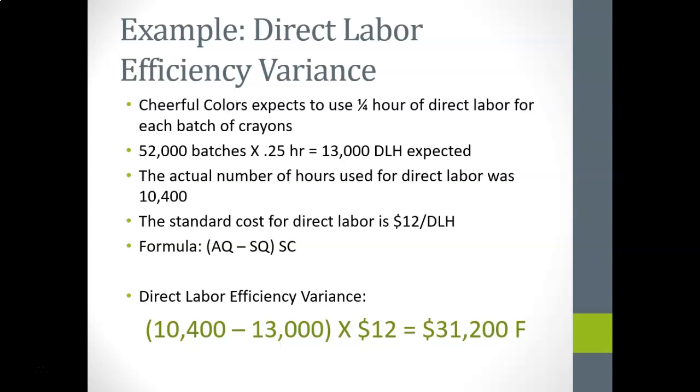And so we get a $31,200 variance, efficiency variance. Is that favorable or unfavorable? Well, we take a look at our actual quantity is less than the standard quantity, so that causes our variance to be favorable.